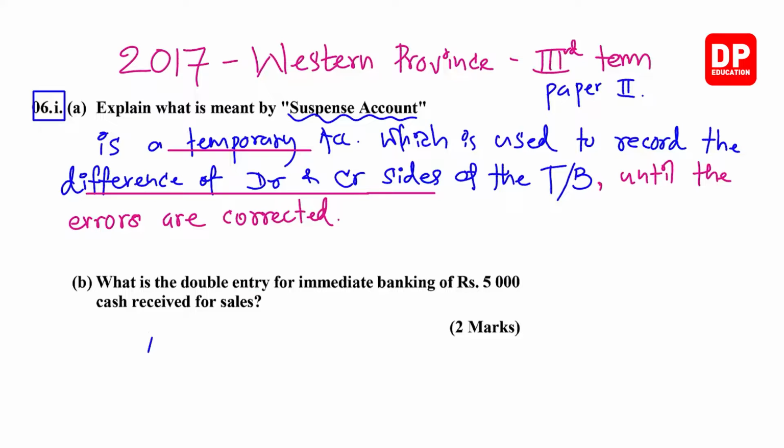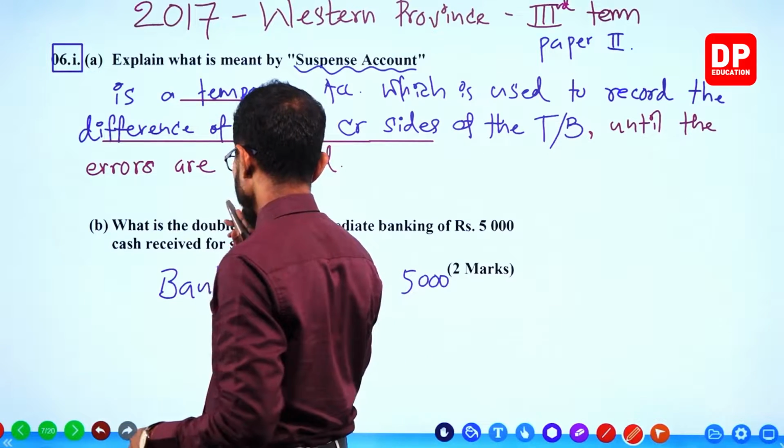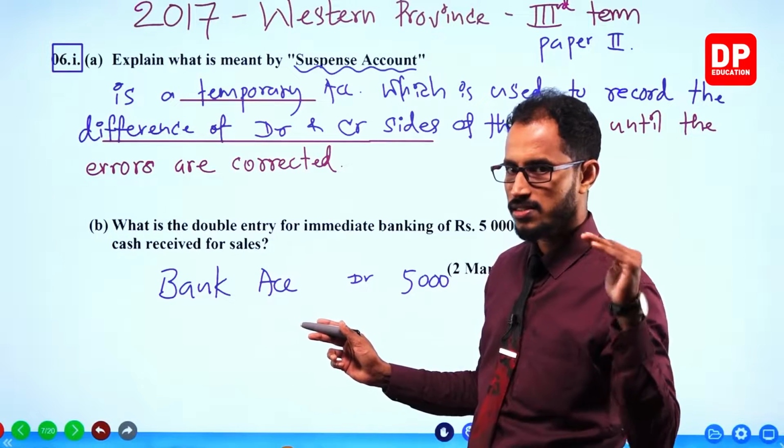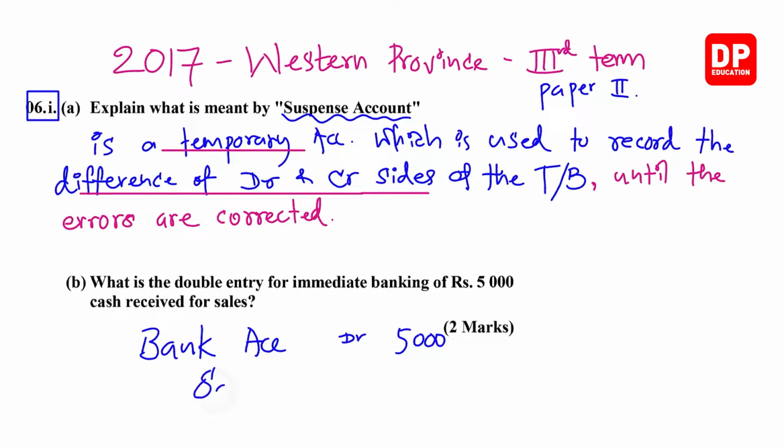Then the bank account should be debited 5,000. Not the cash account, because the bank money increases, so the bank account is debited and the sales account is credited 5,000.